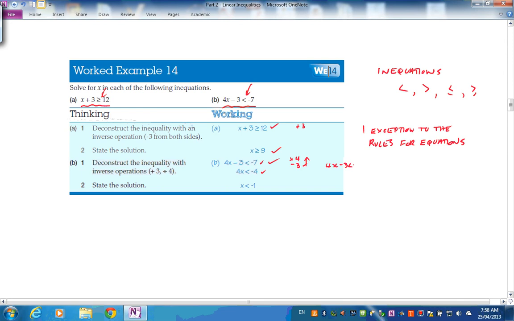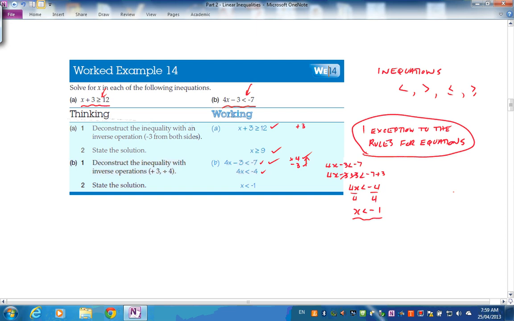Adding 3 to both sides, we've got 4x is less than negative 7 plus 3, so 4x is less than negative 4. And then divide both sides by 4. x is less than negative 1. So it's the same sort of thing. We've just got to watch out, there's one exception coming up, and we'll have a look at that in a minute.